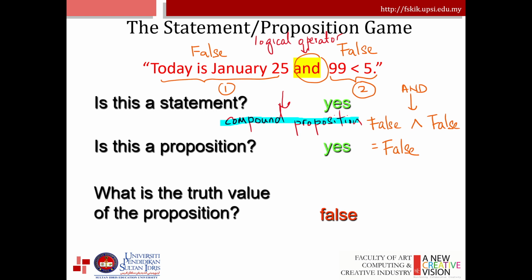What is an example of a compound proposition? A conjunction is a compound proposition which consists of two statements joined by the connective and, denoted by: today is January 25th and 99 is less than 5.